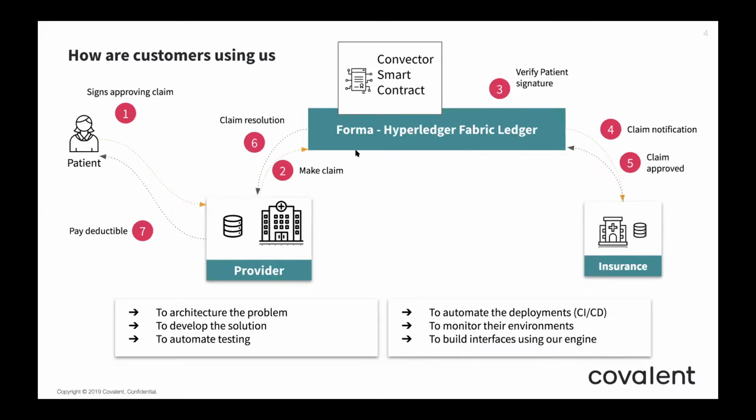We focus on helping our clients architecting the problem, developing the solution using Convector and the tools that we have around, and having it very well tested, having unit tests and end-to-end tests and all the stuff with Convector. But we also help them doing all the deployments of this solution using their continuous integration and even monitoring the environments. Some of our clients are even building interfaces about blockchain using our tools. So this is just to mention a little bit about what we do.